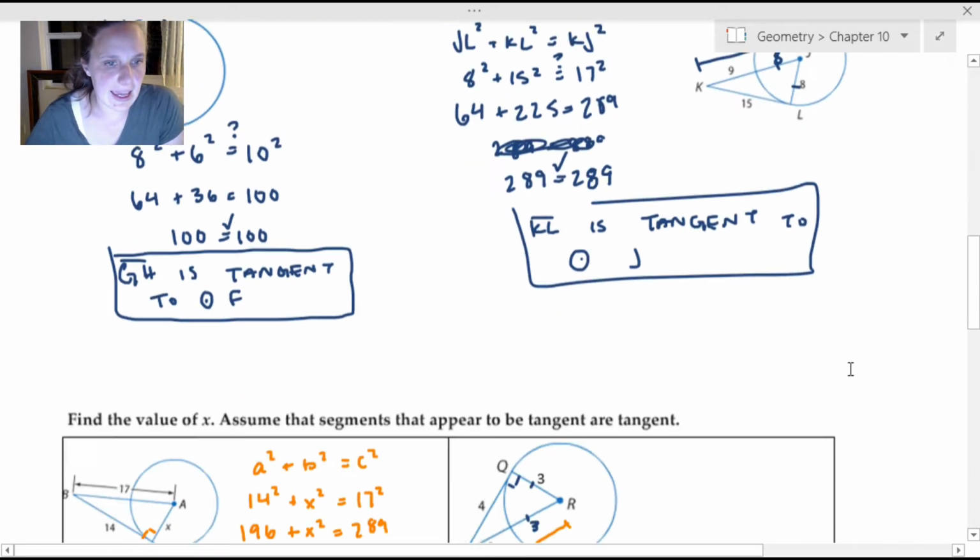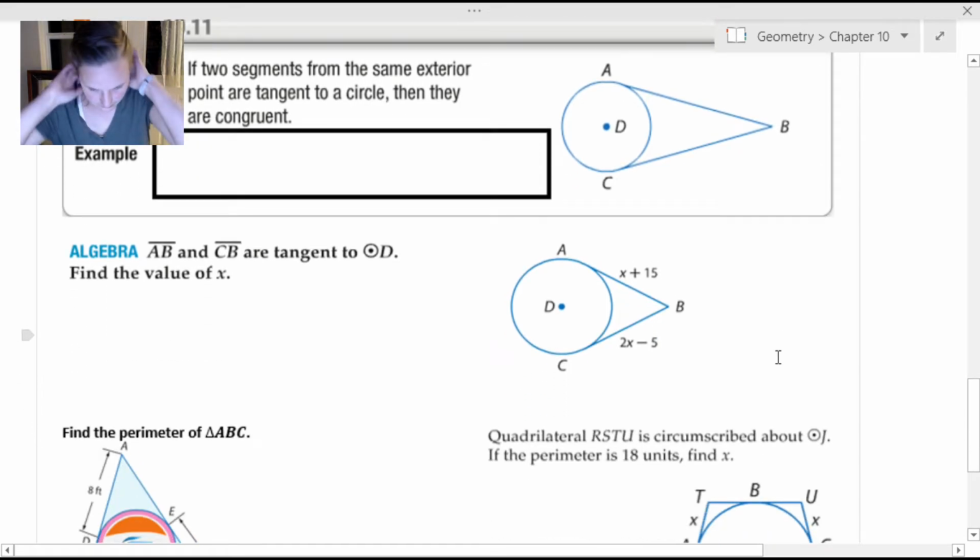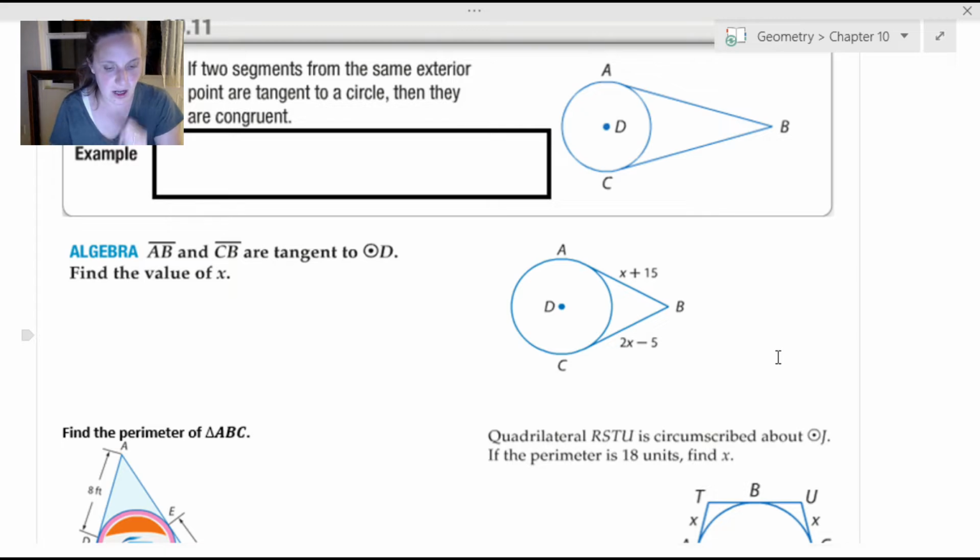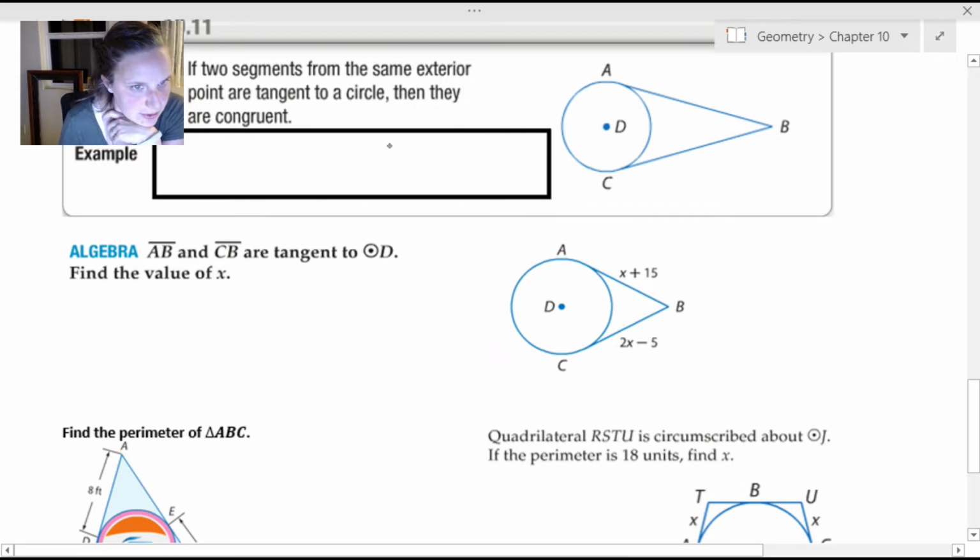All right, and the last little bit about tangency is if two segments from the same exterior point are tangent to a circle, then they are congruent. So remember I said if they look tangent, I can assume they're tangent.